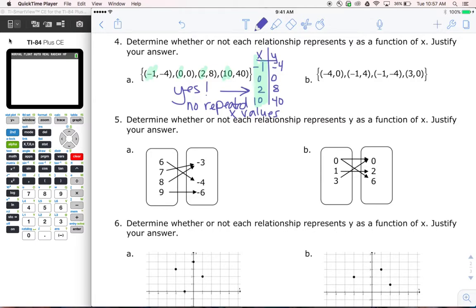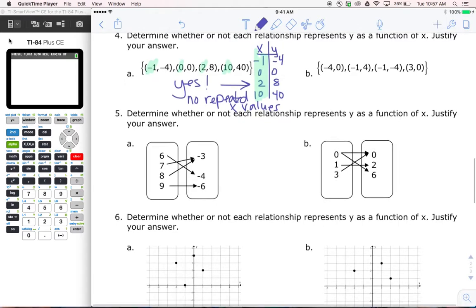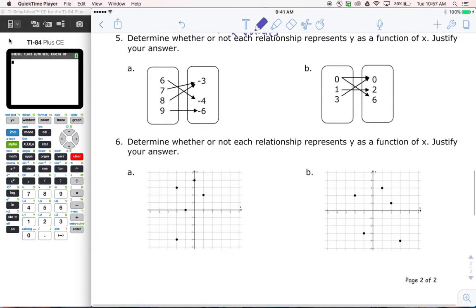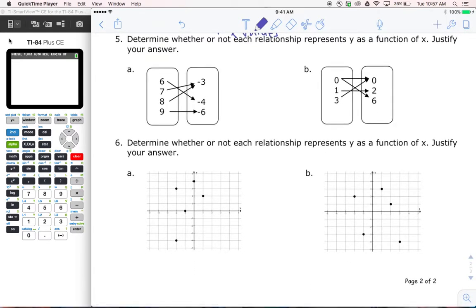Problem number 5. This is something called a mapping. This is a little bit strange. This is something that you've never seen before, perhaps. In the mapping, I would strongly encourage you to make a table, but it's going to take a little bit more work here. So this is the x and this is the y. When x is 6, y should be -4.